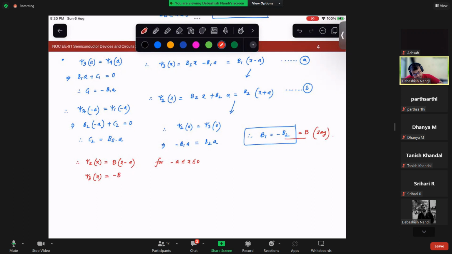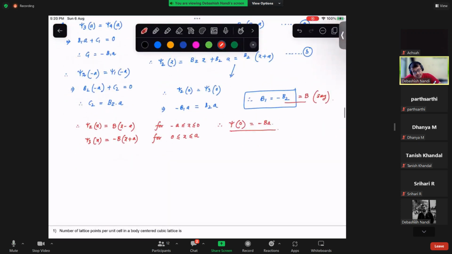So minus b of (x plus a) for 0 less than or equal to x less than or equal to a. So what is my psi of 0? Psi is the overall continuous function, right? We have broken down psi into 4 parts region wise. The entire wave function is psi. So psi of 0 is, you can see, the same: minus b a. Okay, so this we note now.